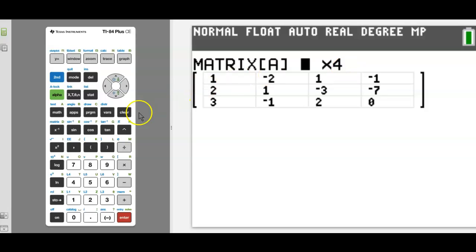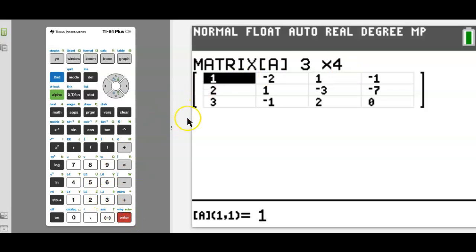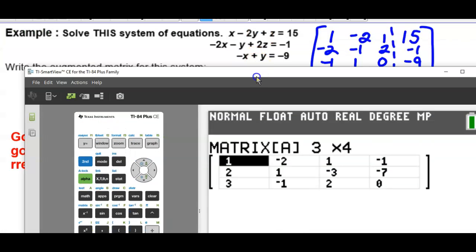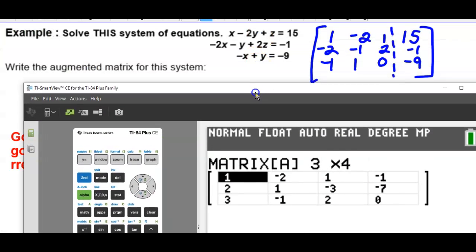If you don't have one in yet, you're going to put 3x4 for this particular one, though you can use it for smaller ones, like just a 2x3. And then you're going to put in this matrix. So 1, enter, -2, enter, 1, enter, 15, enter. And then this row is -2, -1, 2, -1.